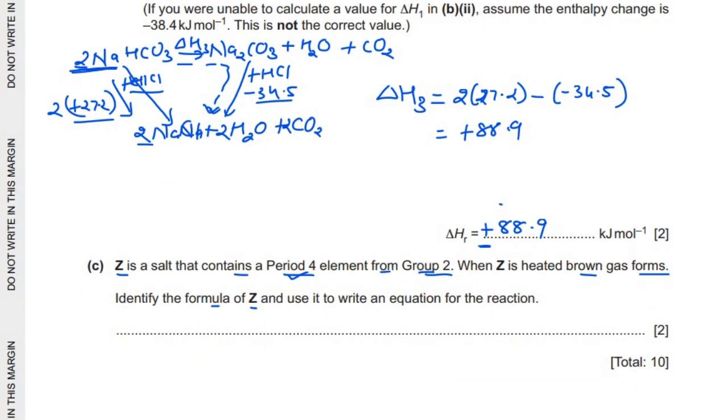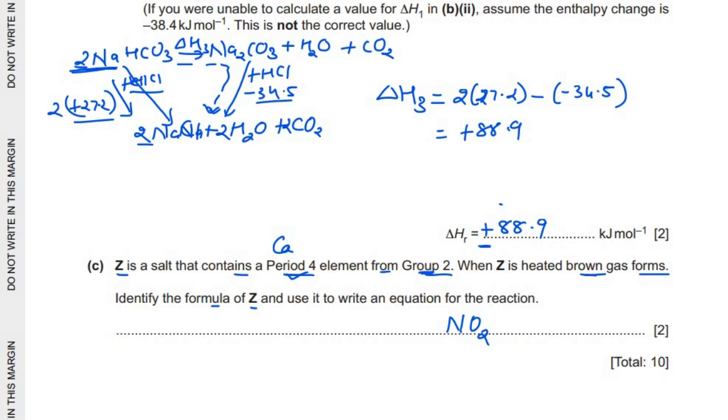The group 2 element which is in period 4 is calcium, and they have written its nitrate. When Z is heated, a brown gas is formed. Now, the brown gas is nitrogen dioxide.